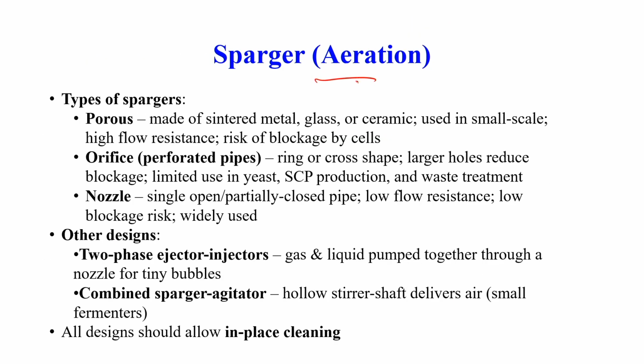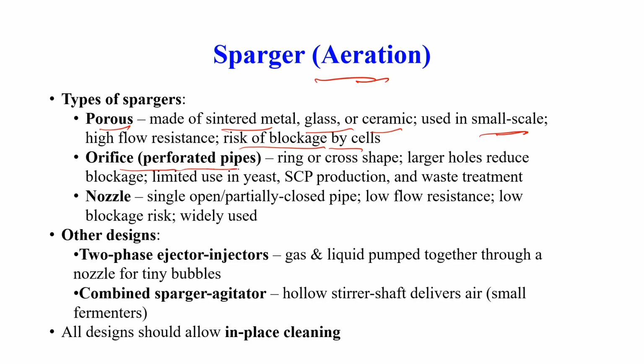Now, another component for the mixing is the sparger, as we have discussed in the aeration topic as well. There are different types of spargers. It can be porous, made of sintered metal, glass or ceramic, particularly used in small scale, but there is always a risk of blockage by cells.